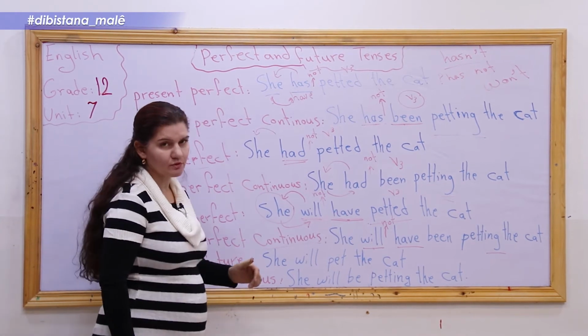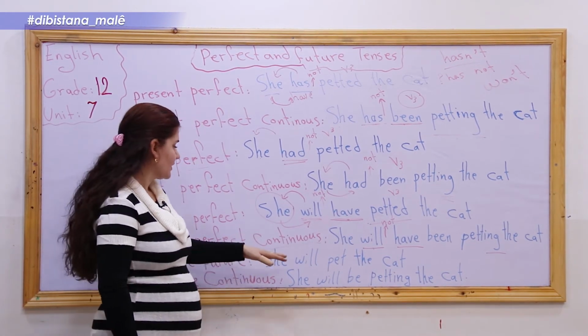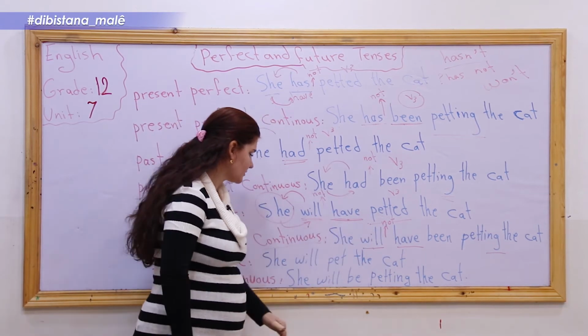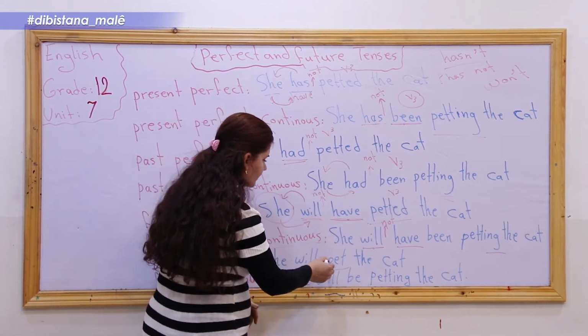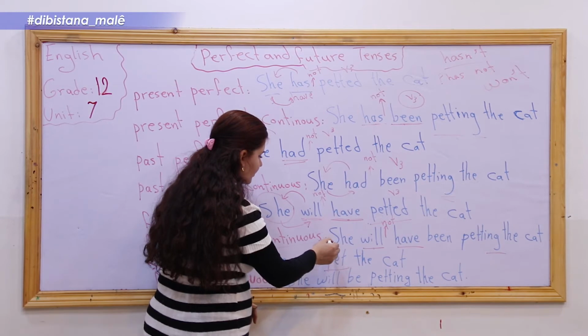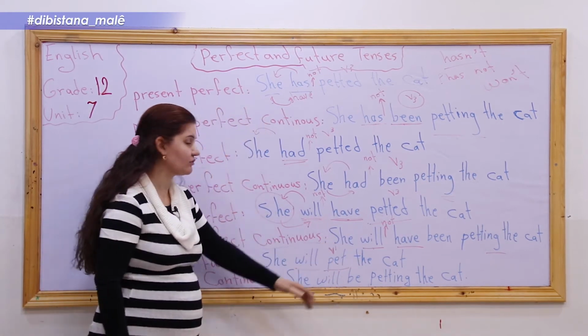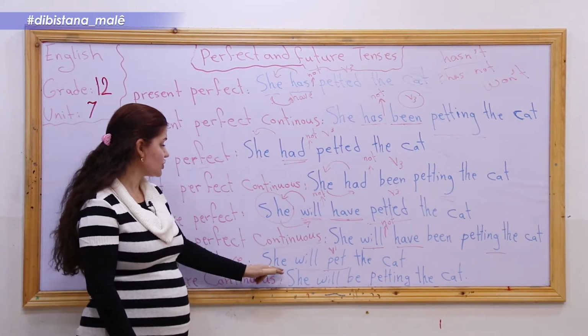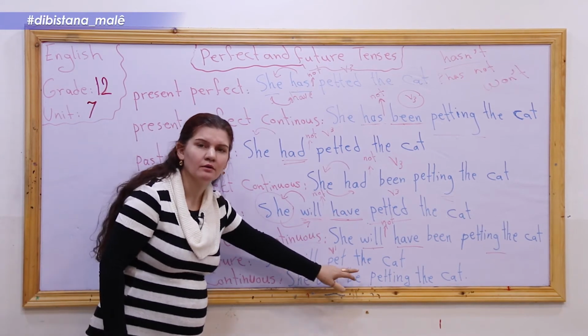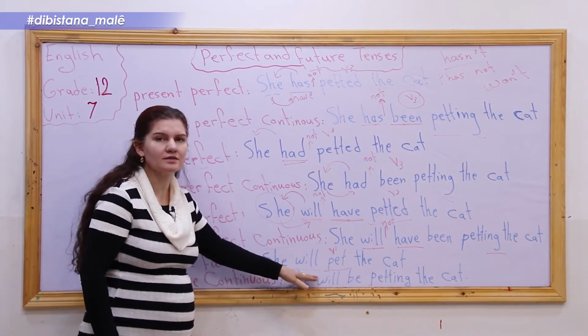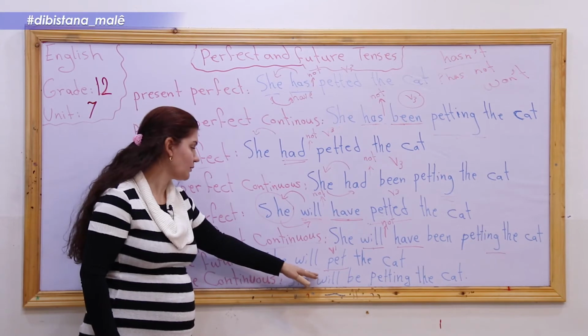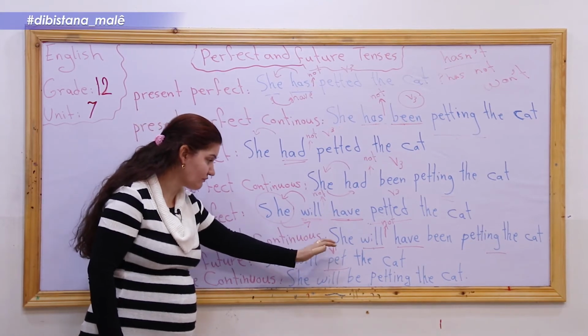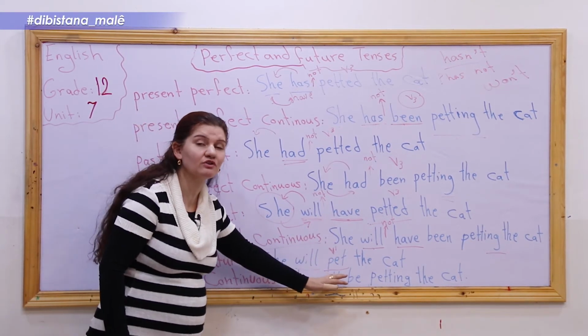Simple future, it's so simple: she will paint the cat. Will plus the base verb, verb 1, infinitive. Why? Because here we have will as an auxiliary or modal verb, so our main verb, the verb after will, should be infinitive.